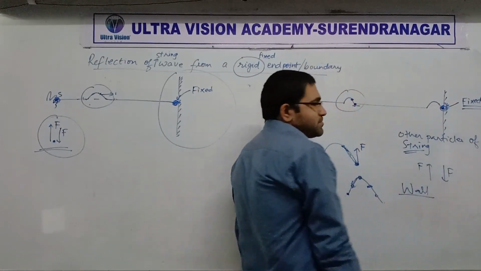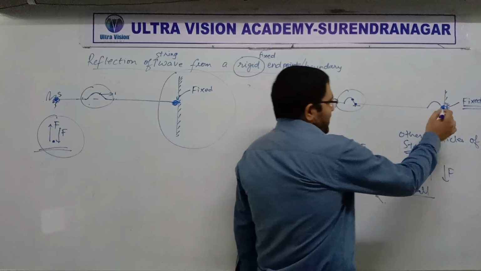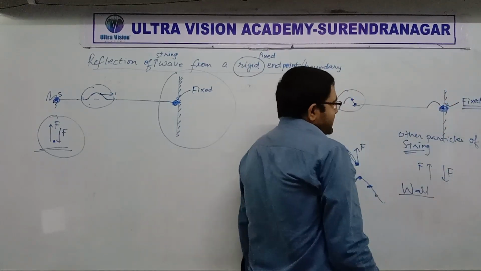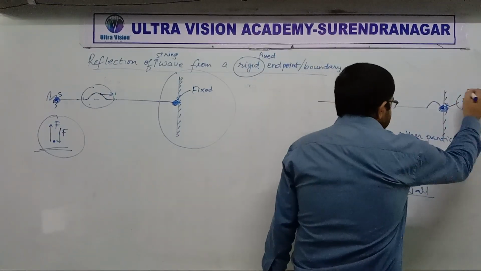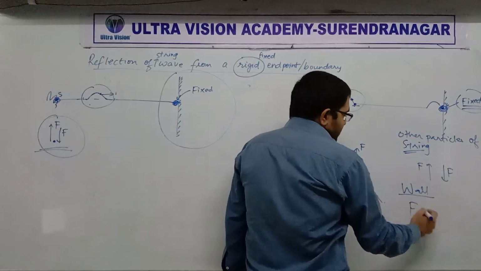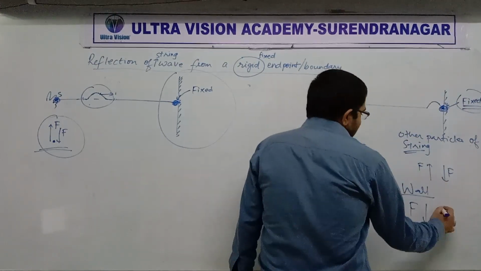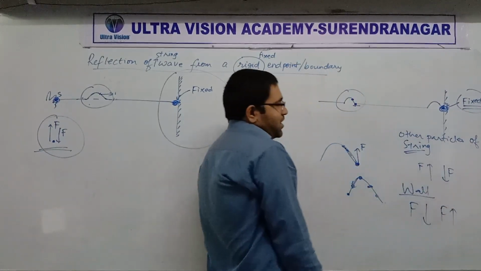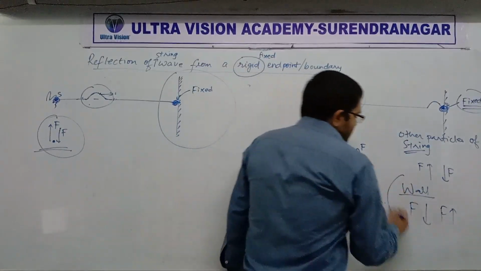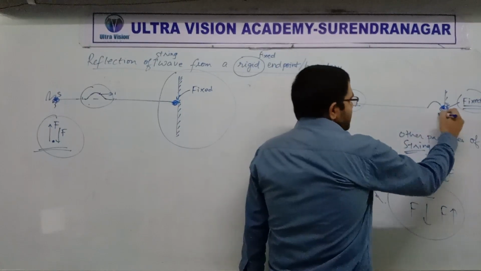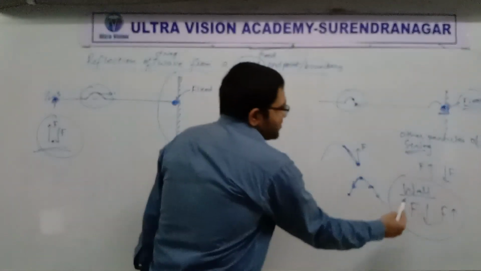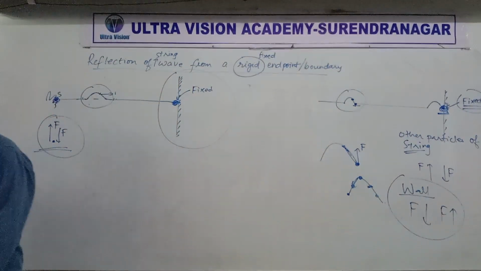What should particles of the wall do to this point so that this remains fixed? They should do the opposite. First the particles of the wall will push it down and then they will push it up. Is this clear? The wall pushes this point over here like this, first down and then up. Is it clear or not clear?